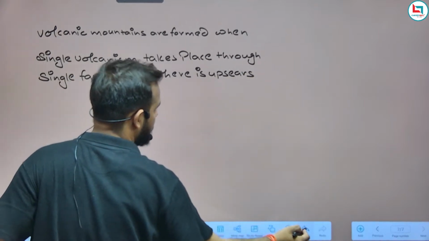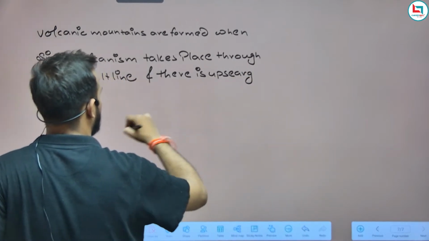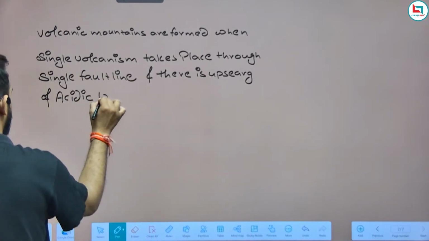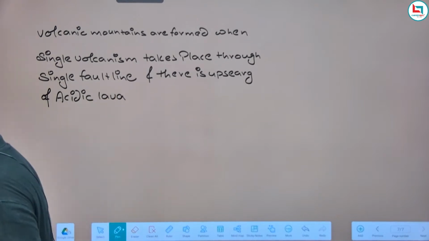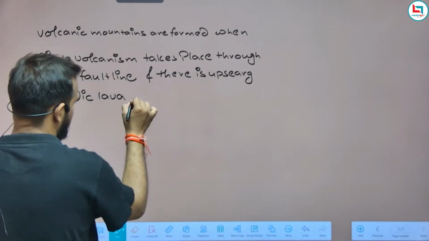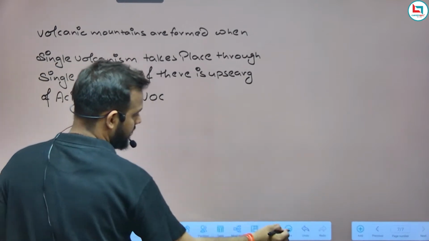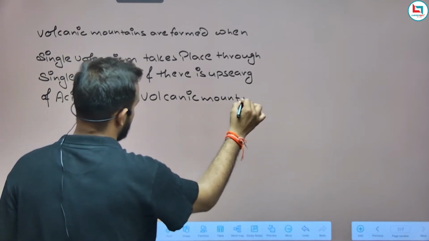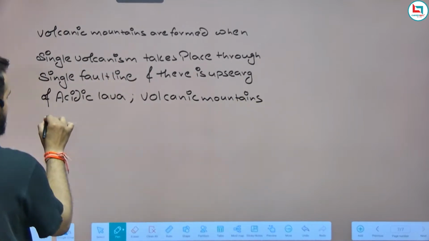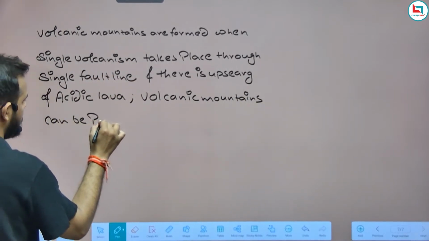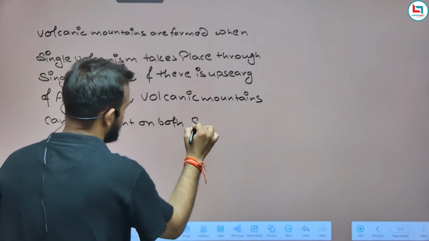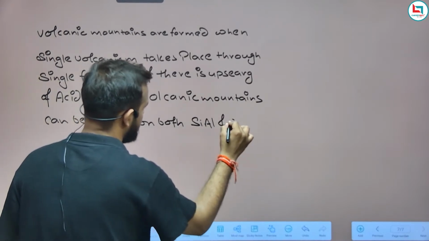Volcanic mountains can be present on both Sial and Sima.